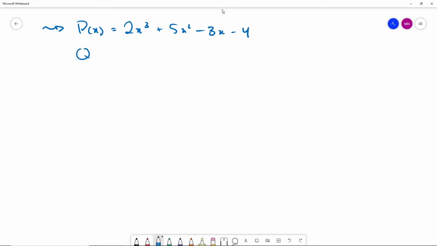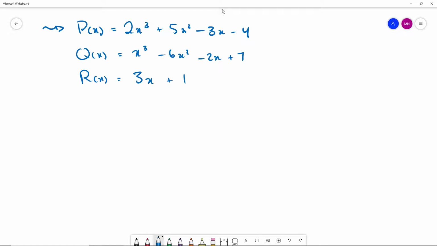Then Q(x), which is not a quotient but another polynomial: x to the power of 3 minus 6x squared minus 2x plus 7. And then we have R(x), also not a remainder but just to represent our third polynomial.